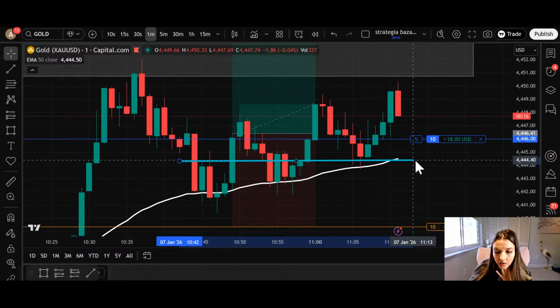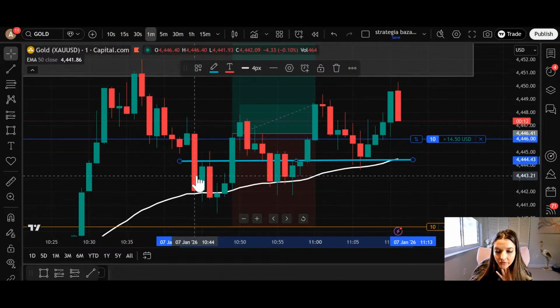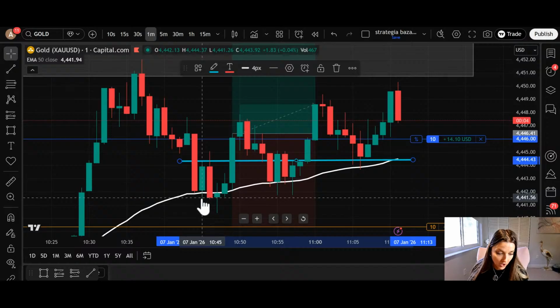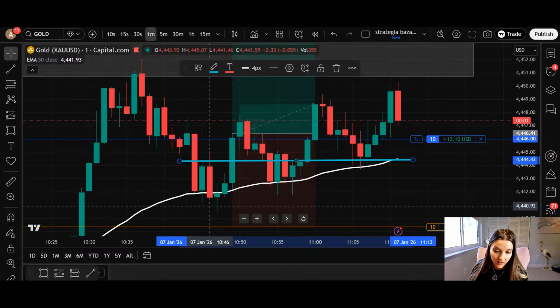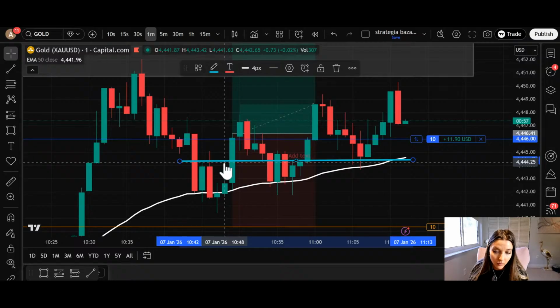Okay, the blue line is the high of the first candle that touched the EMA, because this is how I consider a retest. So this is the one that touched the EMA. After this, if it breaks this blue line within a maximum of 4 candles, I consider it a good rejection. Fewer candles is better.